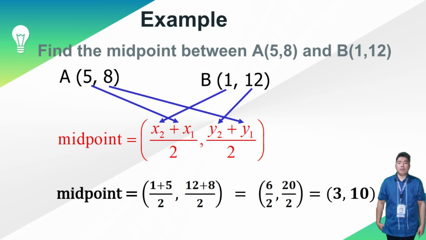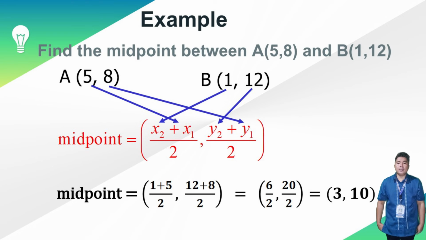Substituting that in our midpoint formula, we will have midpoint is equal to the quantity of 1 as our x sub 2 and 5 as our x sub 1, so that is 1 plus 5 over 2, and next for y sub 2, that would be 12 plus our y sub 1, which is 8, over 2.